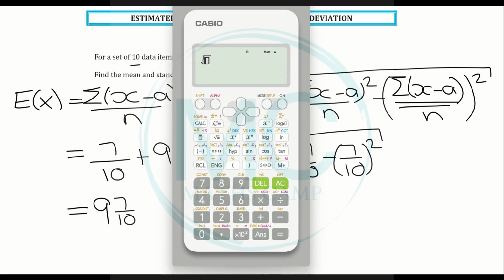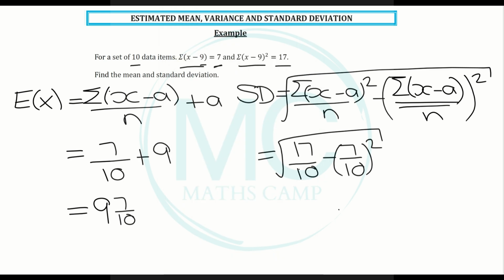I can say the square root of 17 over 10 minus, let's open a bracket, 7 over 10 squared is equal to 11 over 10, which gives me a standard deviation of 1.1. I can write my answer over here.